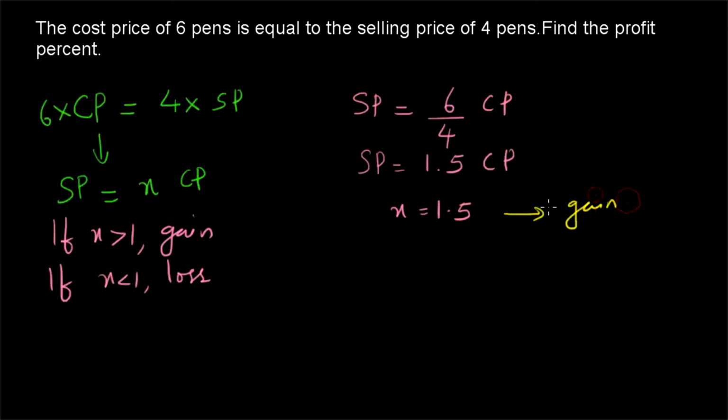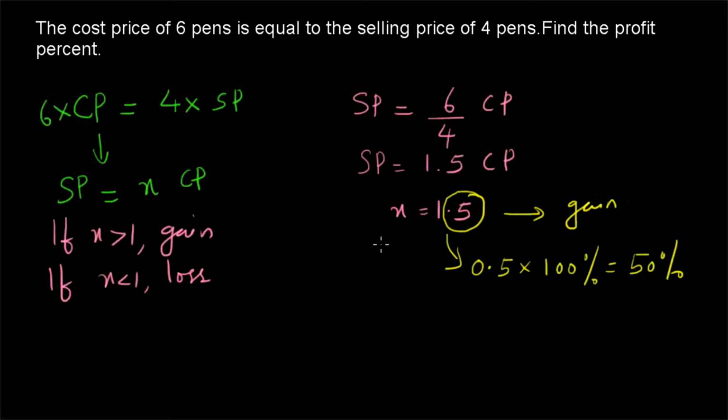Now we have to find out the gain percentage. So for gain percentage, we have to omit this 1 and just take this number 0.5. So our gain percentage will be given by 0.5 into 100 percent. So what will be our answer? 50 percent. That is our answer. Once we represent SP is equal to X into CP and we get X, we have to check if X is greater than 1 or X is less than 1.